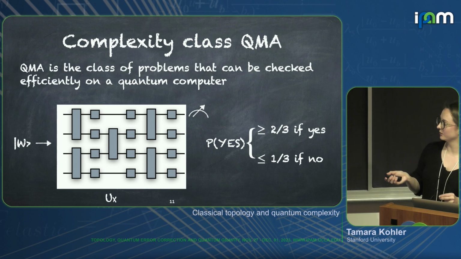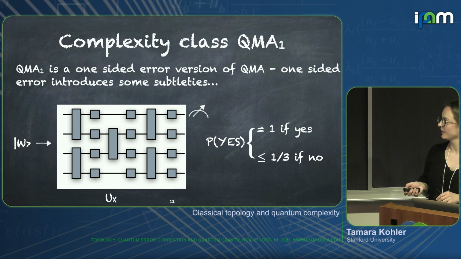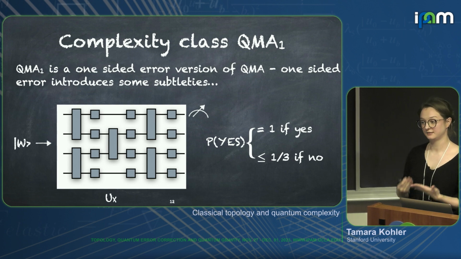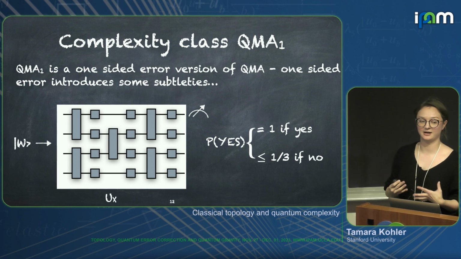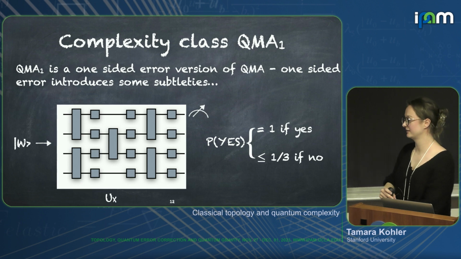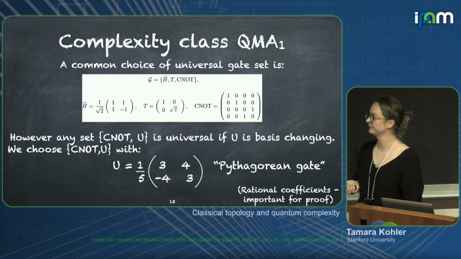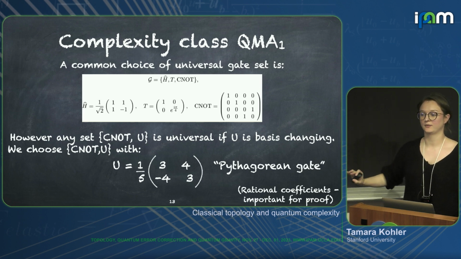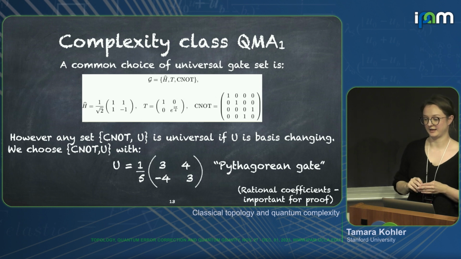Normally, with quantum complexity classes, we allow ourselves some probability of error, so this up to small errors can just be ignored, and we just say any class is equivalent. But here, because we're saying that in some cases we need to get a particular outcome with certainty, we can't just ignore these small errors anymore. We need to actually pay attention to them. And that means that the class QMA1 is not known to be equivalent for different choices of universal gate set.